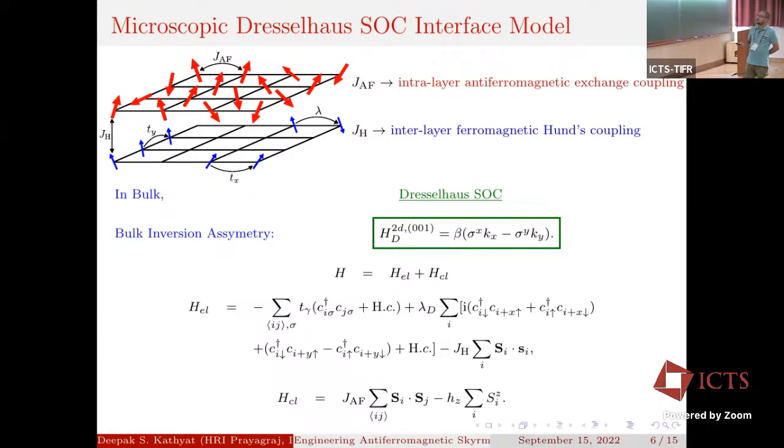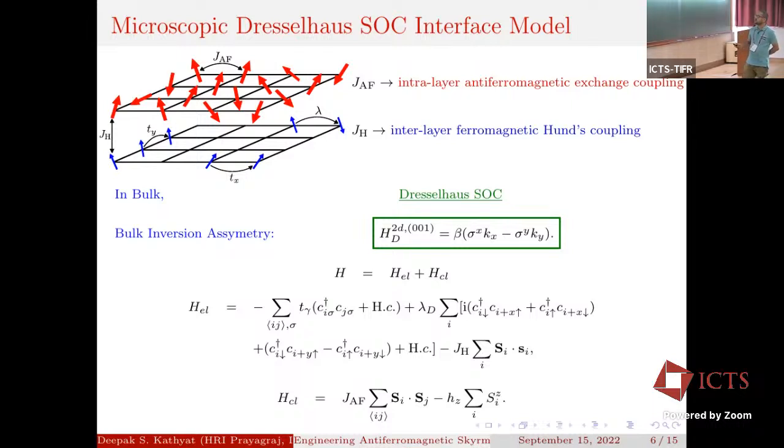In the antiferromagnetic layer, there is an antiferromagnetic exchange interaction between the localized moments, and there is a Hund's coupling between the localized moments and the electronic spins. We consider Dresselhaus spin-orbit coupling, which occurs in systems because of bulk inversion asymmetry.